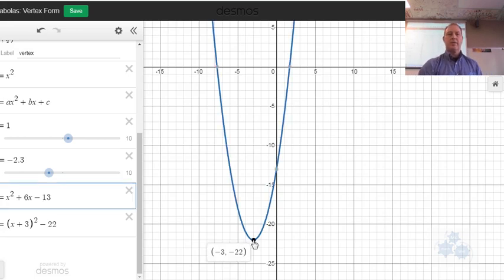What's that vertex? Oh, the vertex is negative 3, negative 22. Oh, it's looking good here. If I now graph the other one, look at that. They're exactly the same. Okay, so there's our confirmation.